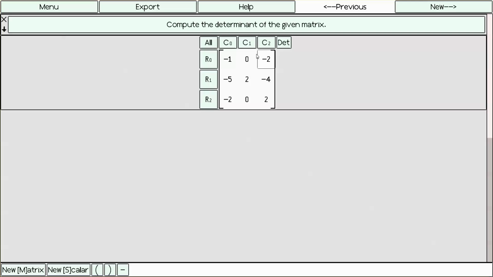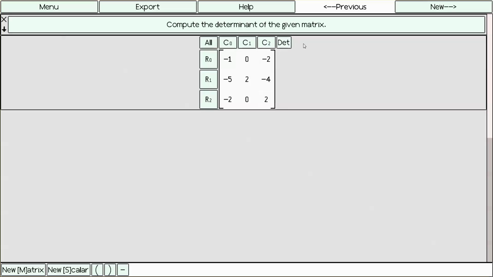Here we see column 1 has 2 zeros. So we're going to compute the cofactor expansion by column 1, which means we're going to compute the three minors and the associated scalars of this matrix with regards to column number 1.